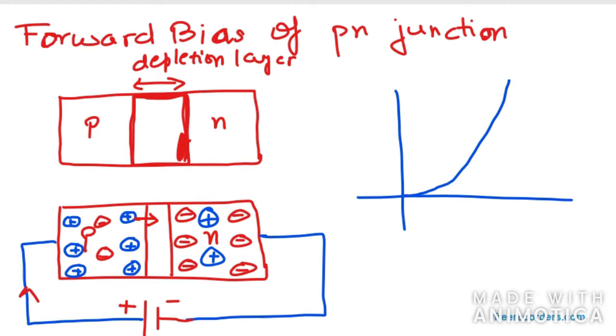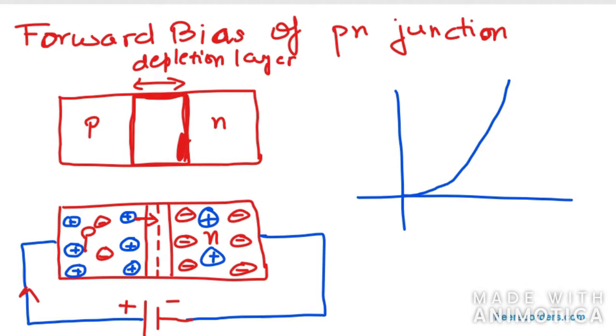Now, the negative electrons in the n-type will be repelled by the negative pole, and the electrons and holes across the junction are therefore opposed by the fictitious battery. As you know, we have a fictitious battery here in the middle because we have positive and negative charges in the depletion layer.